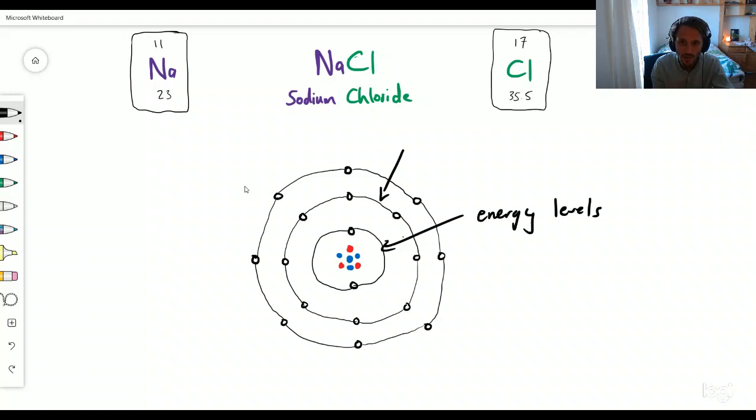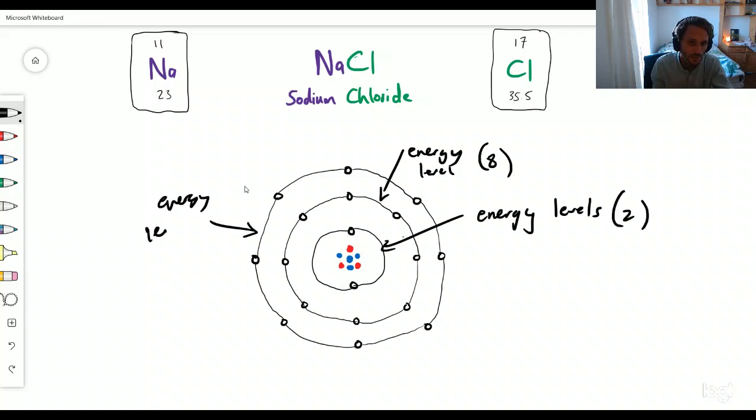The first energy level has 2 spots, and then the third one also has 8 spots. At international GCSE we only have to do 3 levels. There are other levels that exist, but for now let's just work with 3.